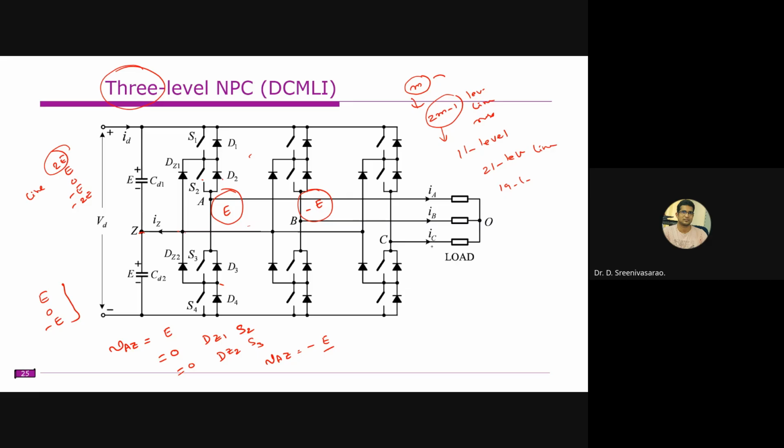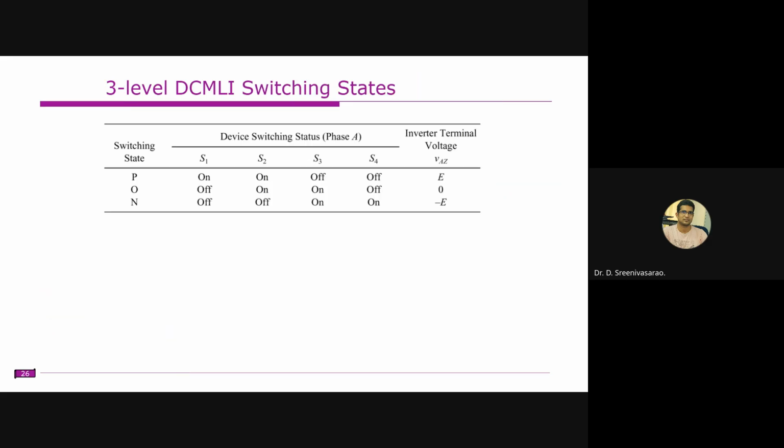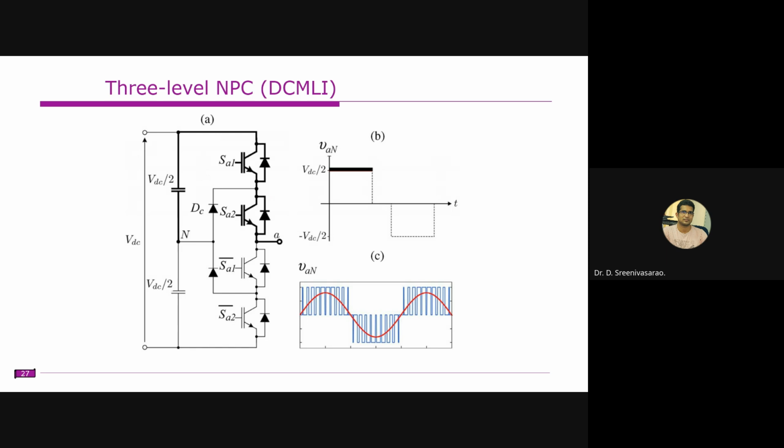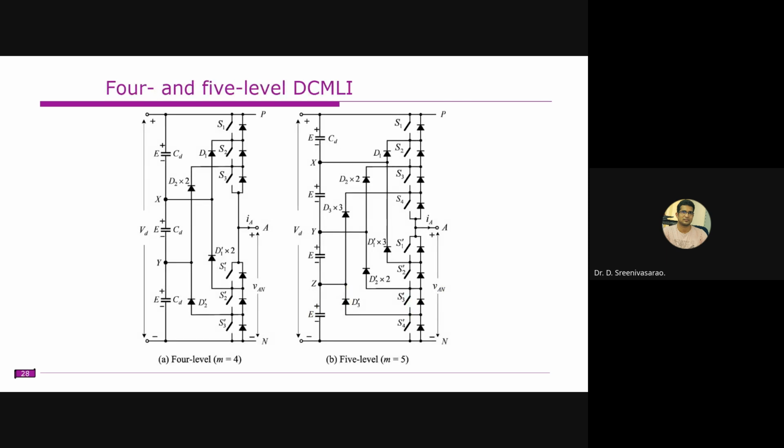If you want to extend this to a higher number of levels, that is relatively simple. Just increase one more DC source, right? So now you have three switches here, three switches here.